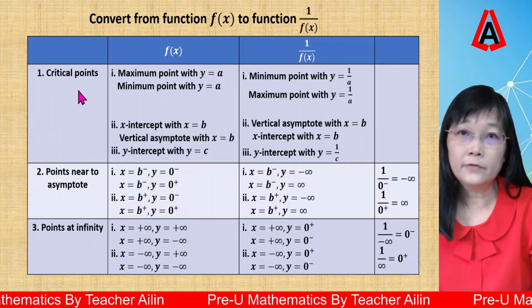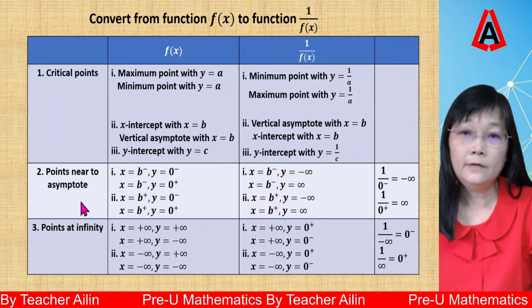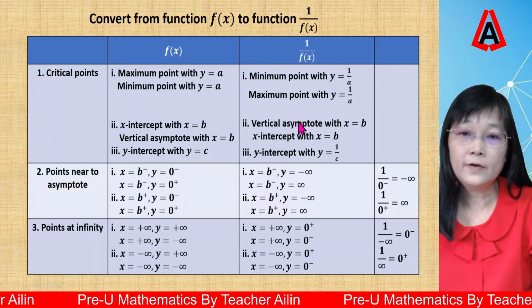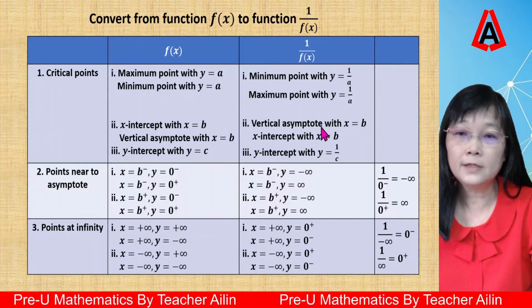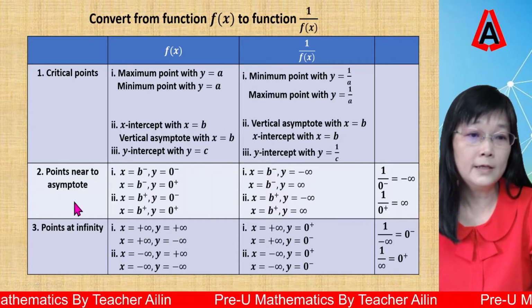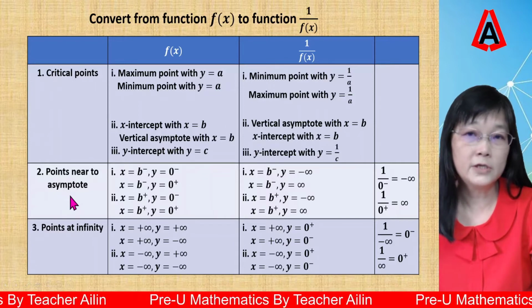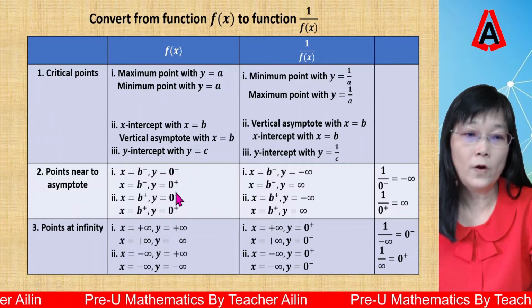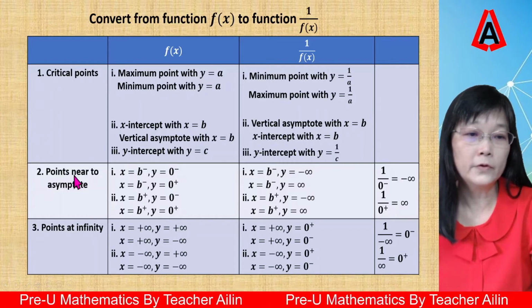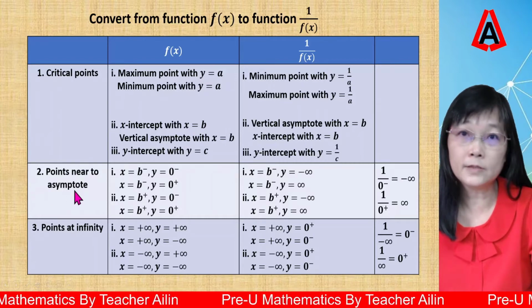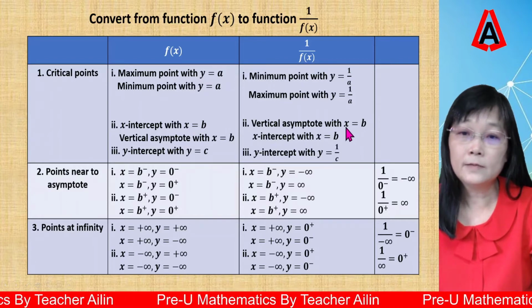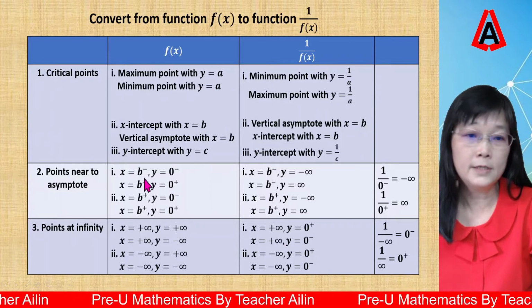Other than the critical points, if the reciprocal function has any vertical asymptote, we must double check what the value of y is for all the points near the asymptote. Let's say the asymptote is x equals b here.